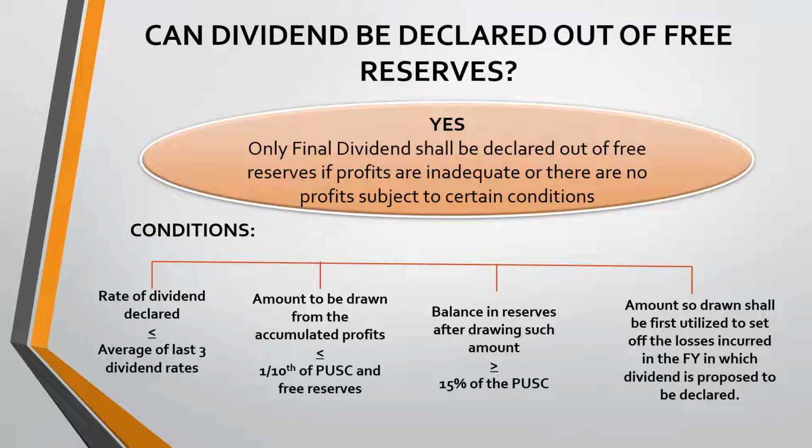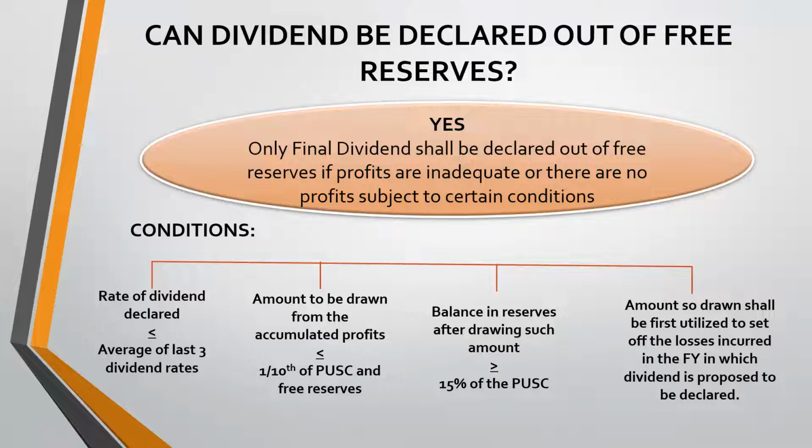Now let's see what are the conditions to be complied with for declaration of dividend out of free reserves. The first condition is that the rate of dividend declared shall not exceed the average of the rates at which the dividend was declared in the 3 financial years immediately preceding the financial year of declaration of dividend. Second, the total amount to be drawn from the accumulated reserves shall not exceed 1/10 of the paid-up share capital and free reserves as per the latest audited financial statements.